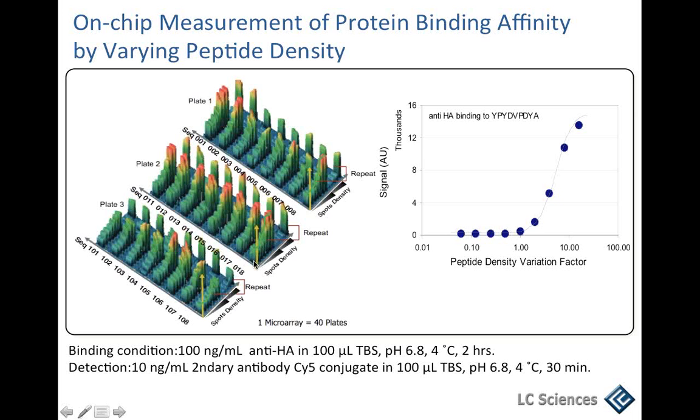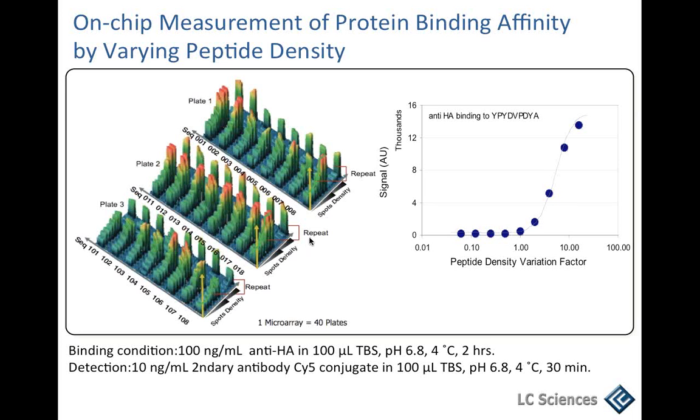And basically the way we are doing this is using photochemistry. We are regulating the amount of light, and also we're using other measures to control this, but basically we are able to synthesize the same peptide multiple times on the chip at a different density.